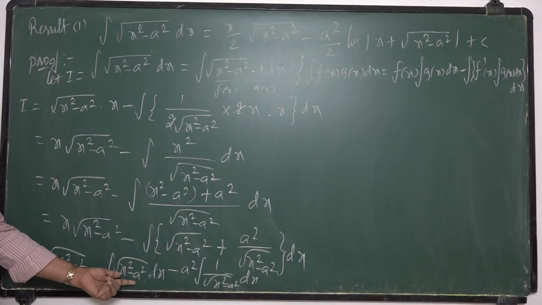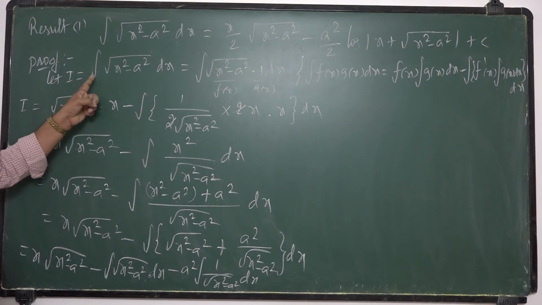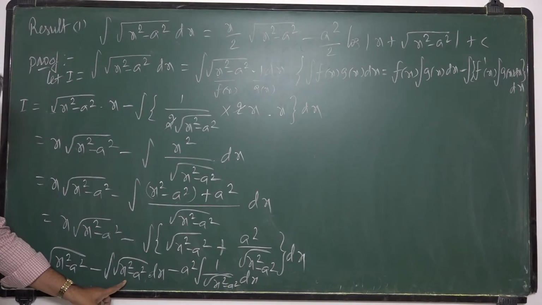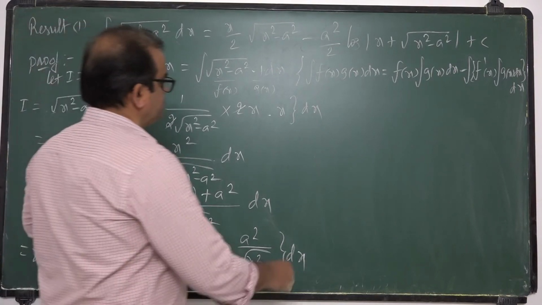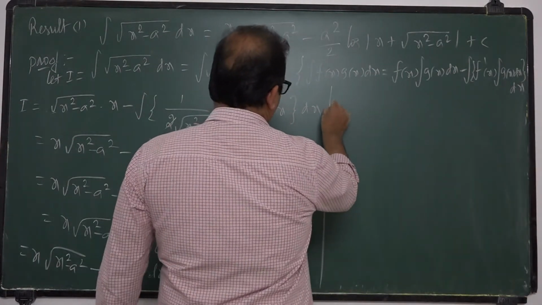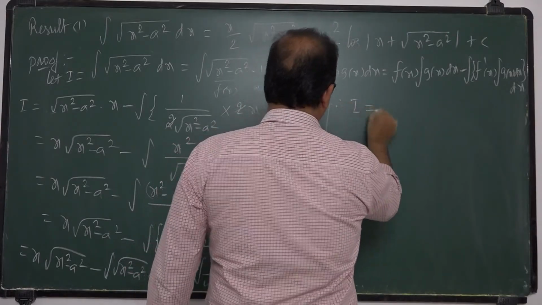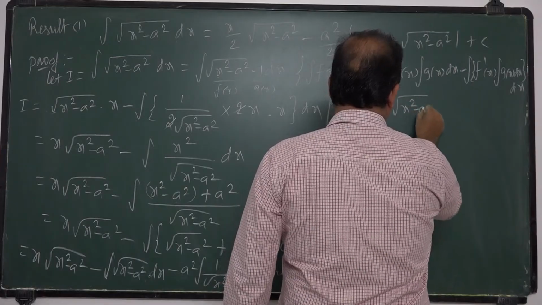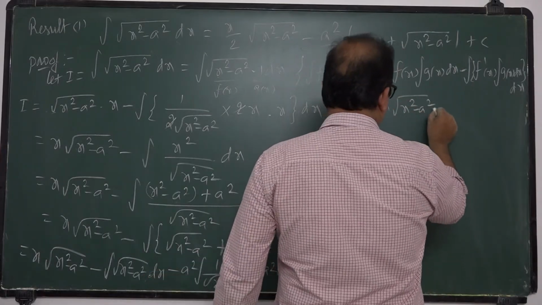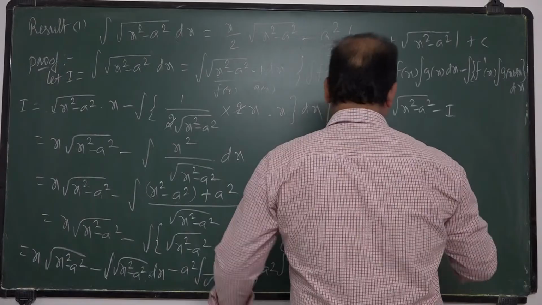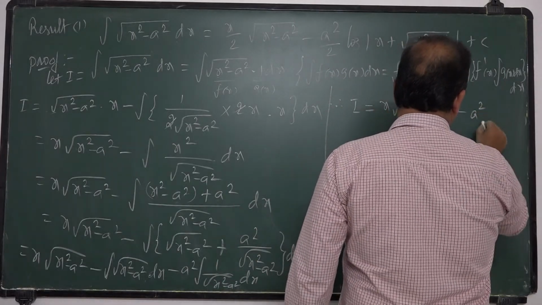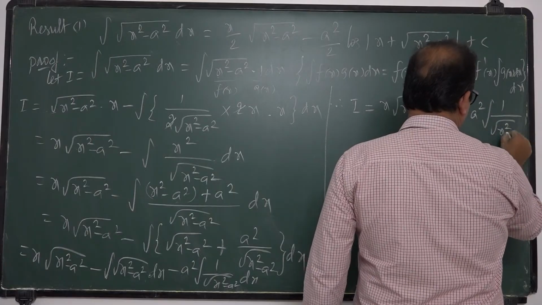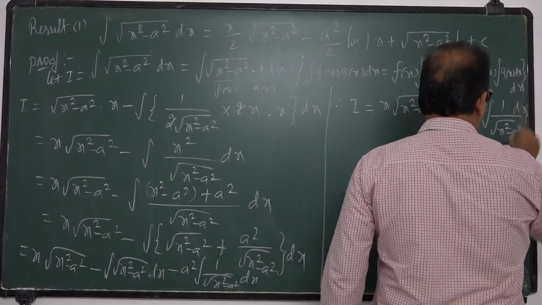But that is I. Initially I is taken as integral root of x square minus a square into dx, so it is I. Therefore I is equal to x into root of x square minus a square minus I minus a square into integral 1 by root of x square minus a square into dx.